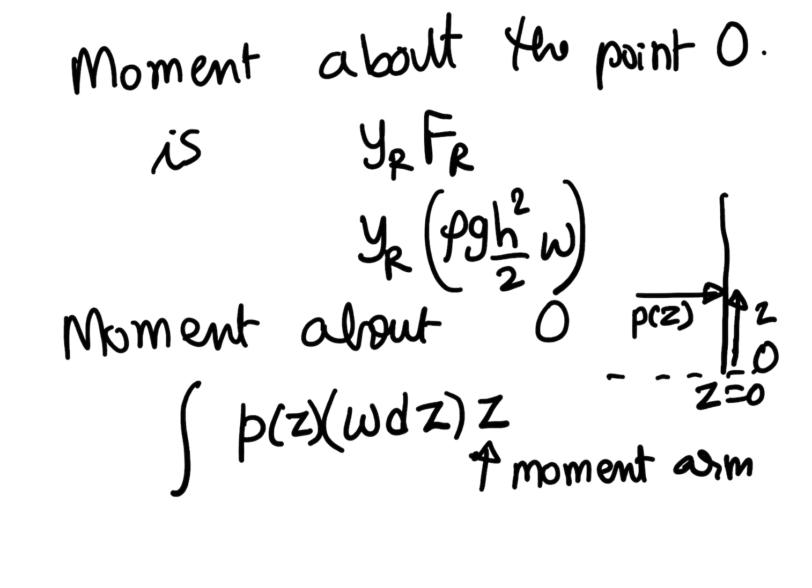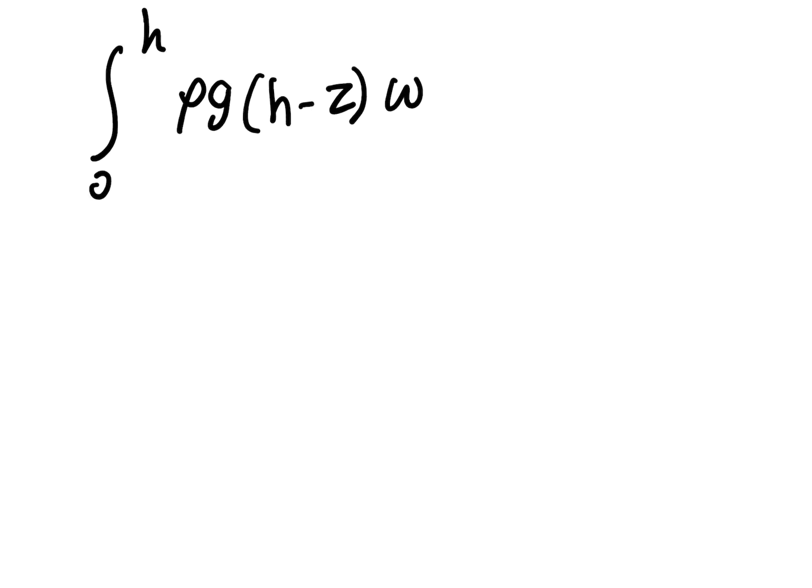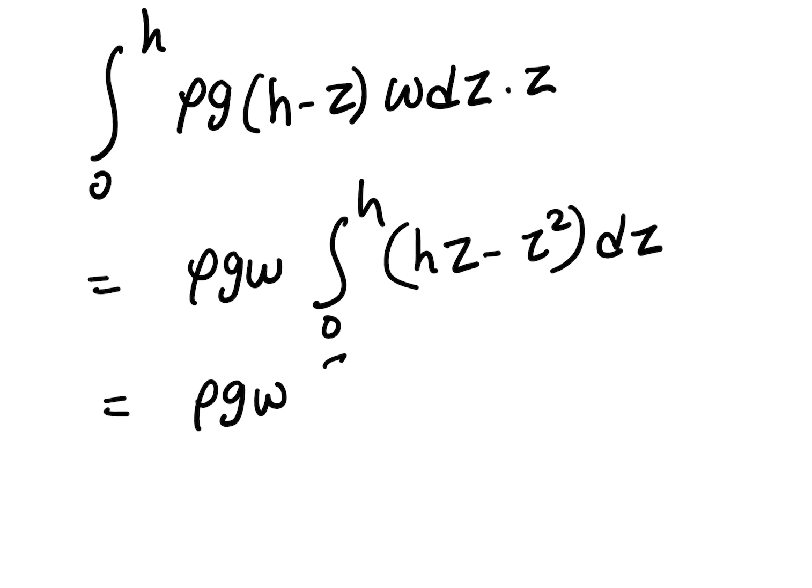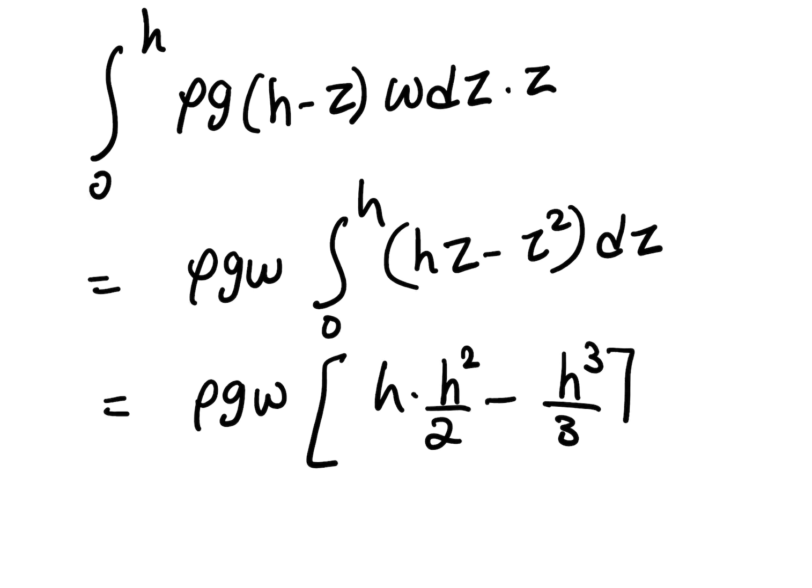So P of Z times W dZ is the force, times Z as the moment arm, and this needs to be integrated from Z equals 0 to H. So if I do that, I have 0 to H, rho g (H minus Z) times W dZ times Z. Or if I write this, rho g W times the integral from 0 to H of (HZ minus Z squared) dZ. So I have rho g W times (H cubed over 2 minus H cubed over 3).